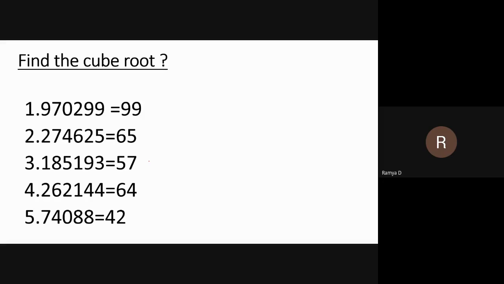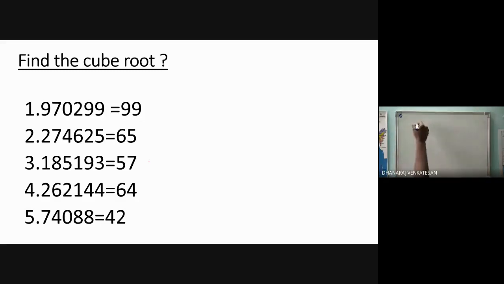Okay, I will start again. 970,299. We'll go with this sum. The procedure for cube root is also the same. Check the unit digit here, omit the last 3 digits.